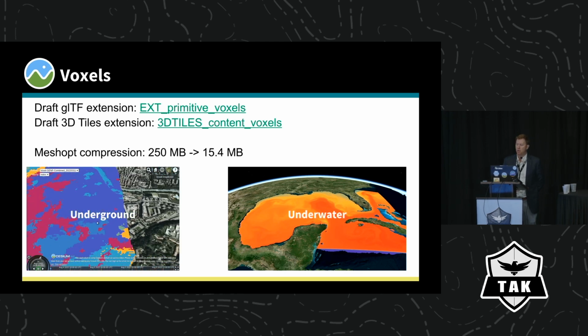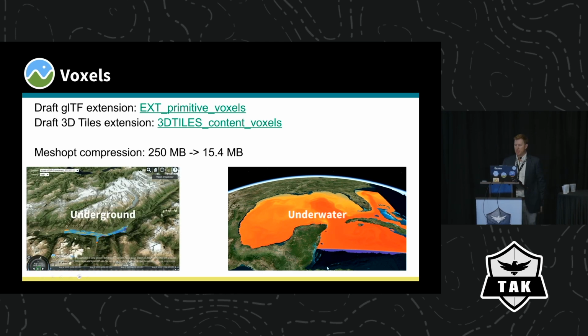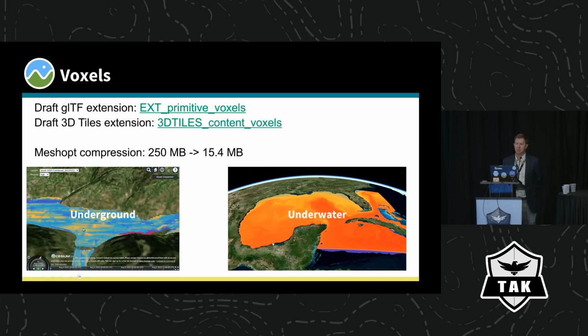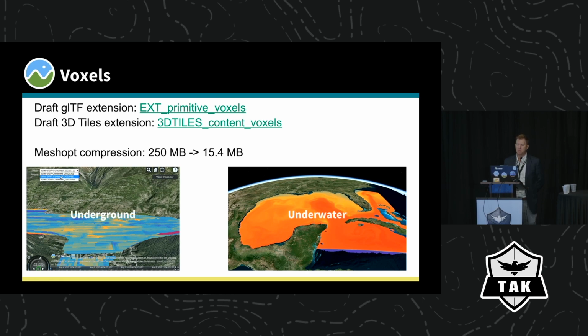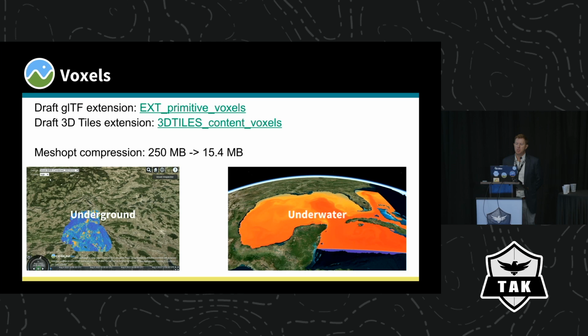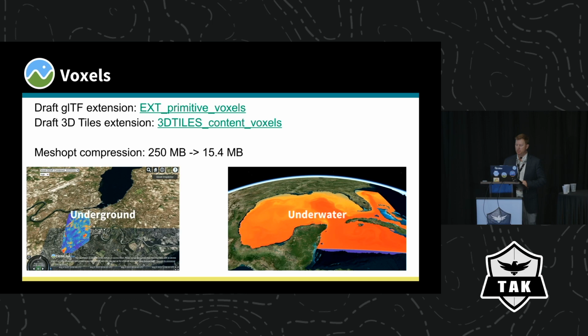Also weather data. This is showing sea surface temperatures. We've also done some work with satellites with kind of density and heat maps with voxels. And what is unique about the implementation here is it's not just your traditional box implementation, but also cylinder and complex shapes as well.